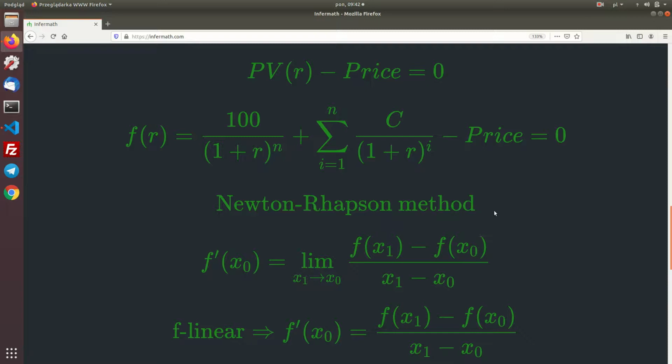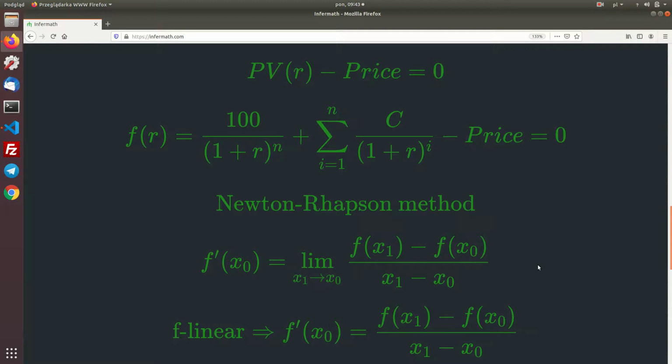How does it work? It is based on the idea of approximating a root of a nonlinear function by possible roots of a linear function that is basically tangent to that nonlinear function.